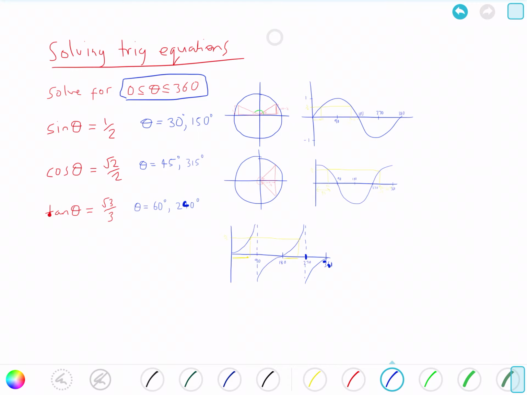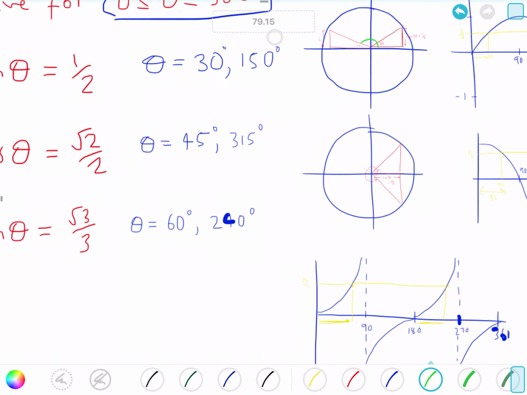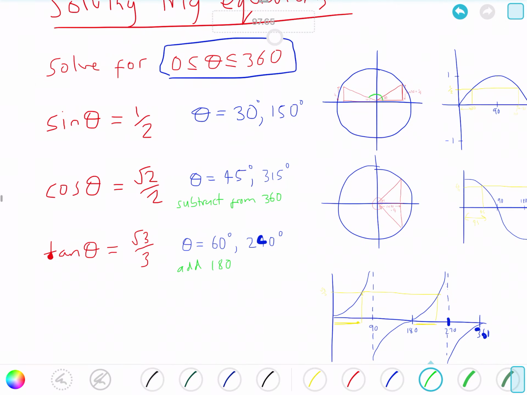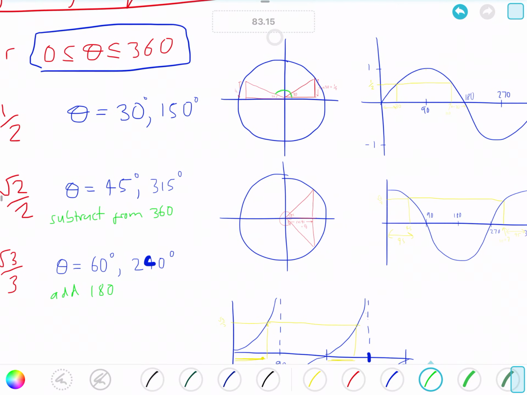I'm just going to give you the quick version now. For cos, you can just take away from 360. For tan, you can just add 180 to get your next solution. And for sine, what did we do for sine?